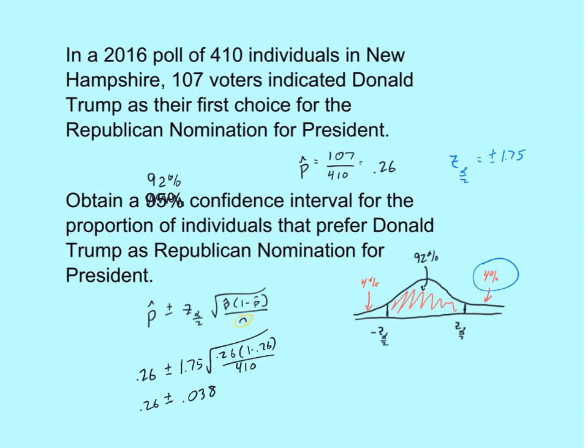So we take our 26% to create the interval. 26% minus 4% is 22%, 0.22, add 4%, and you get 0.30. And that is our interval for what we expect all of the voters in New Hampshire to do. Between 22% and 30% of all the voters in New Hampshire would vote for him as their Republican nominee. And we're 92% confident that the interval contains that parameter.